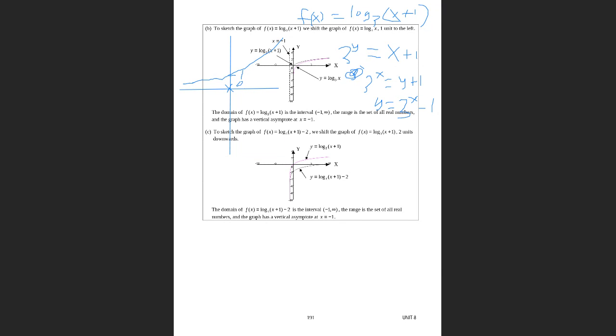Then your original asymptote, y equals 0, will now become y equals minus 1. So your asymptote will come here, y equals minus 1. So your new graph is going to be like this.